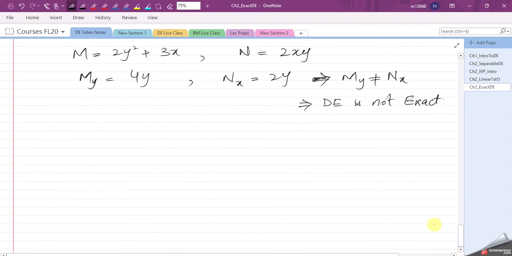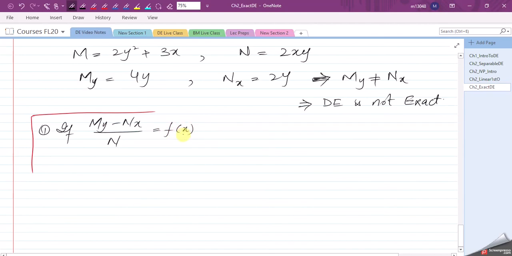There are two possibilities here, which we need to check. So let's see the two possibilities. The first possibility is if my minus nx over n is a function of x only, then I'll move this a little bit downwards so that we have more space to write.